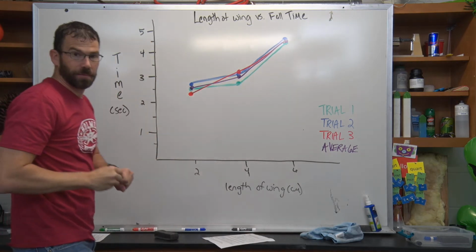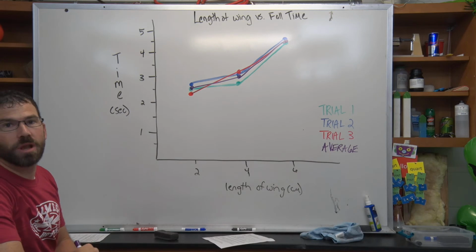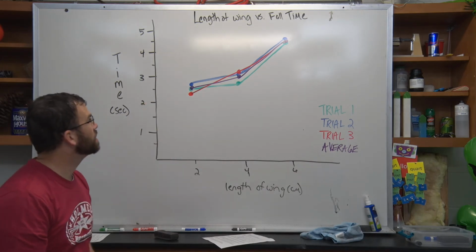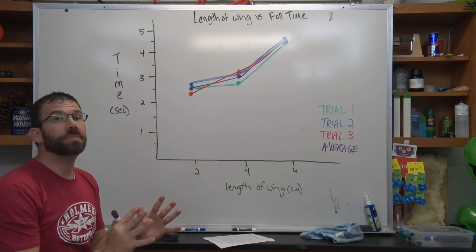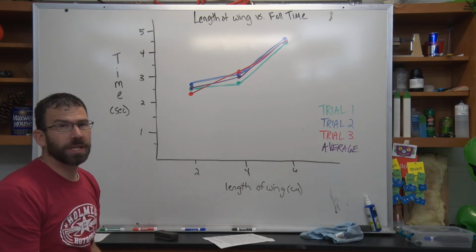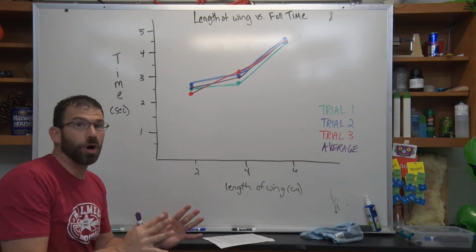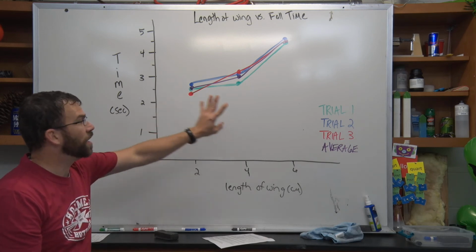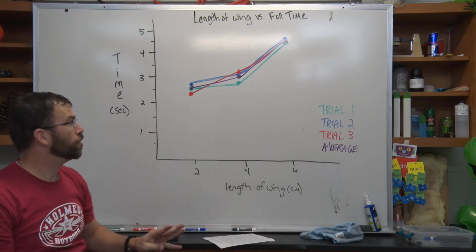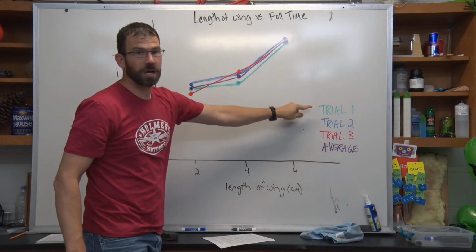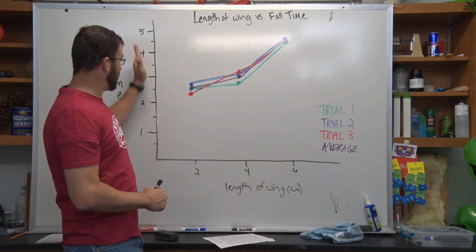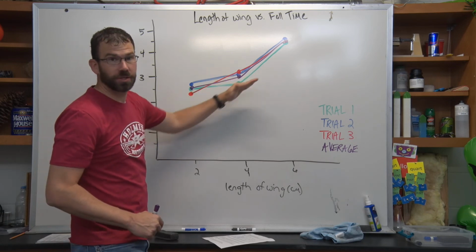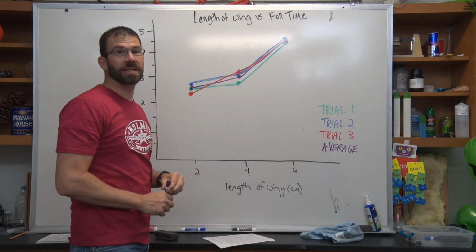Now, I hope you can notice that our data is kind of jumbled up. It could be best, and absolutely is not wrong, but you could have done 4 graphs. You could have done 1 graph with just trial 1, then a second graph with the same setup with trial 2, and then trial 3, and then the average.